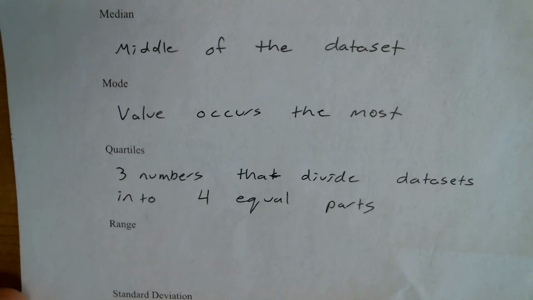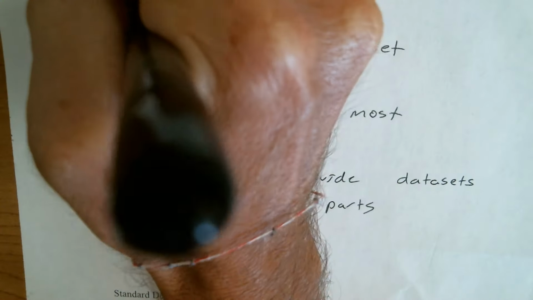All right, so usually we talk about quartile 1, quartile 2, which is also the median. So quartile 2 and the median are the same thing. All right, Q2 and the median, those are the same thing.